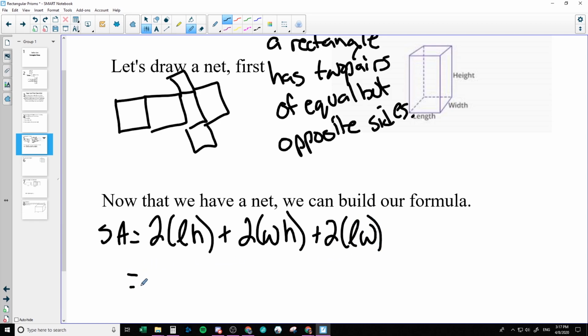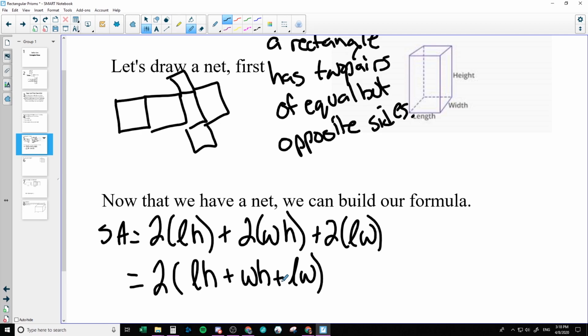And we can further simplify this to 2 times (length times height plus width times height plus length times width).